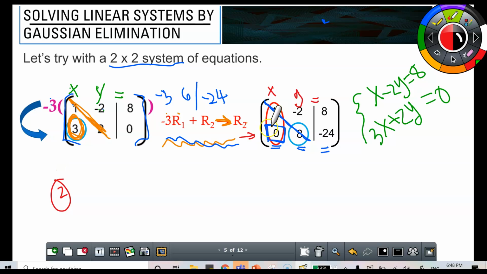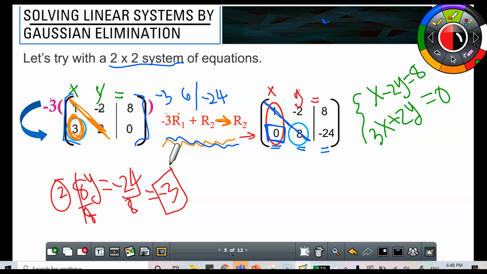You don't need to care about it, right? So it's 8, and the corresponding variable is y. So 8y equals -24. And solve the equation for y by getting rid of the 8 by division. So we have y equals -3.